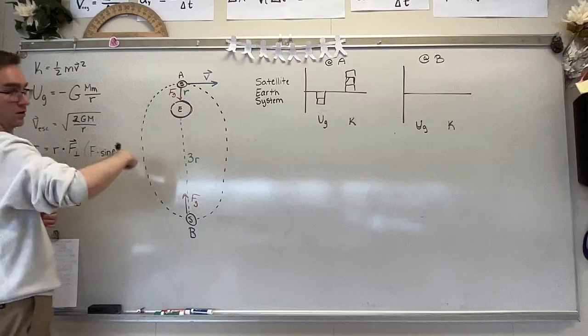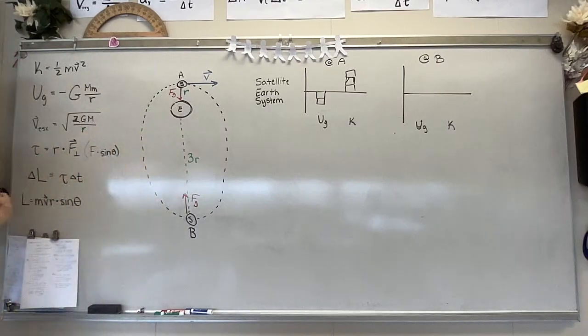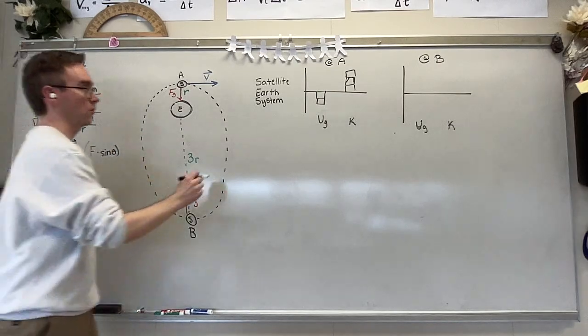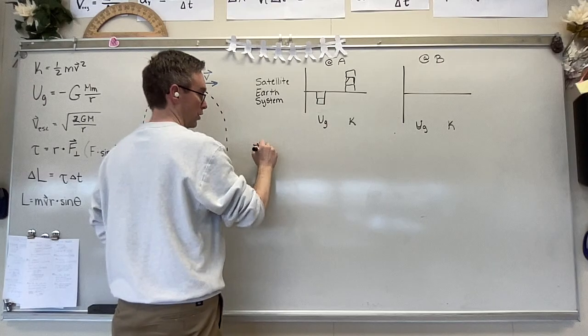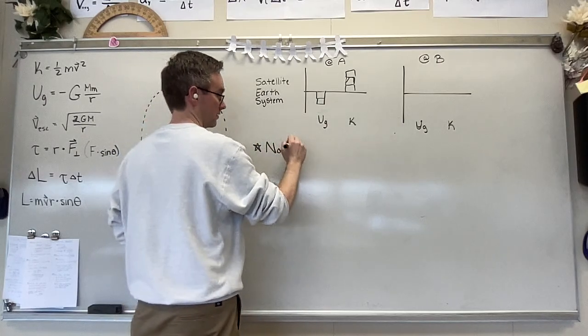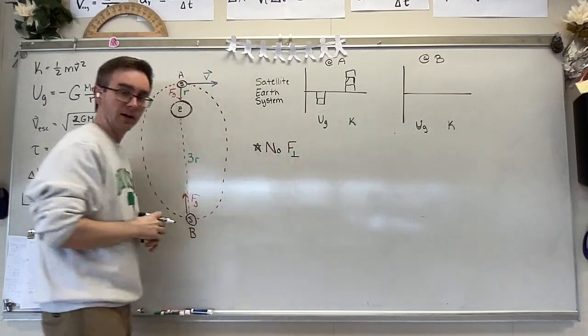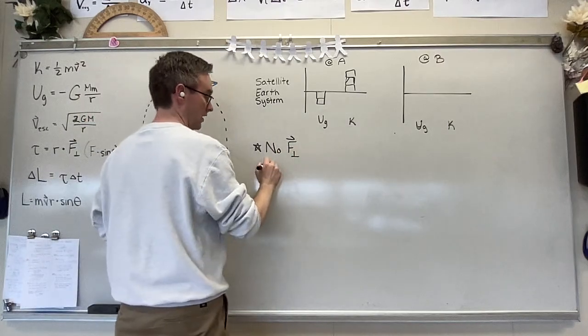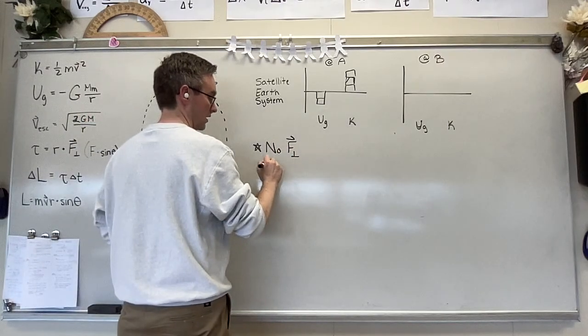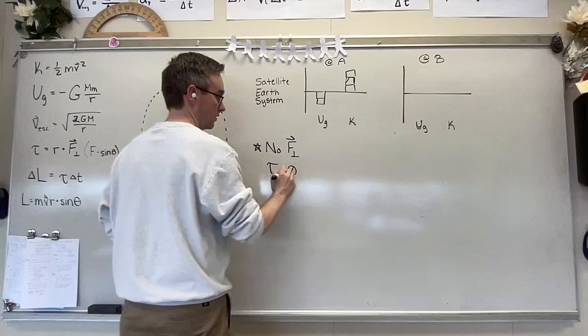The sine here would be 0, or you could say 180. Either way, it's going to be 0. And either way, in this case, there is no perpendicular force. If there's no perpendicular force, then the torque in this case is equal to 0.